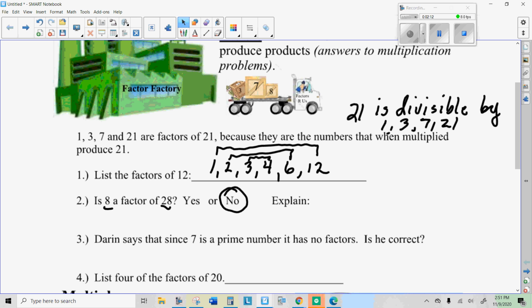And we will say 28 is not divisible by 8. Sorry about the writing.